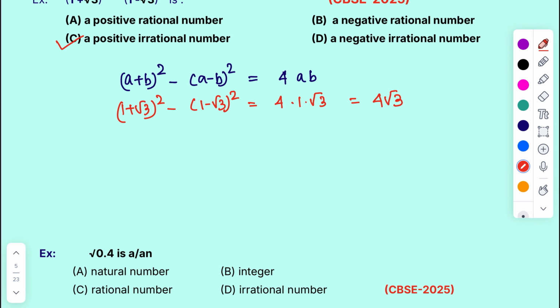Square root of 10 is an irrational number, so 2 by square root of 10 is also an irrational number, because a rational number divided by an irrational number is an irrational number. So option D is correct.